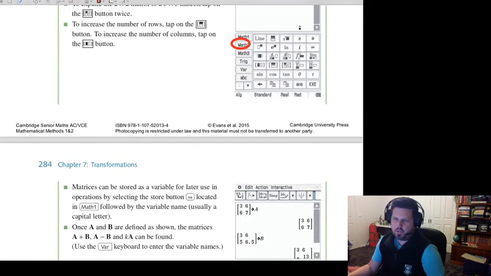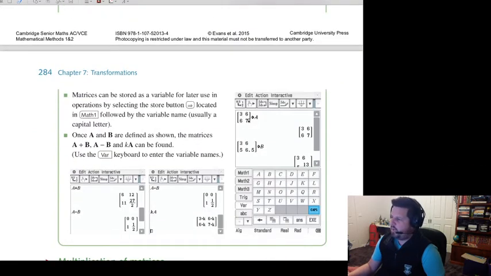If it's not on your calculator, it's still in the Math 2 section. It's that button that's there. So if you're looking for the store button, you can store it as matrix A. So you write out the matrix here using that matrix template, do the store button, store it as A, and it will set it as matrix A. You can do another matrix template, store it as B. You can define as many matrices as you like, which is cool.